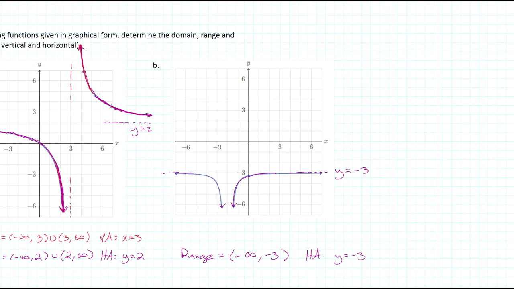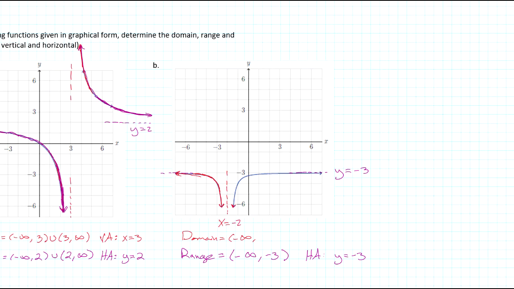The domain then, well, the line can go out to negative infinity. And then it comes to the right, it doesn't skip any x values, and while it's going down, I'm not paying attention to that. I'm paying attention that the x values are getting closer and closer to -2, but not getting to it.